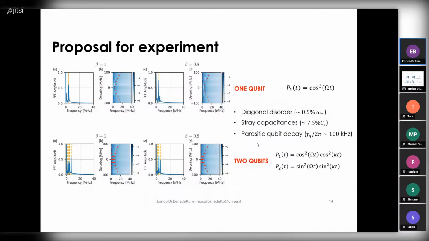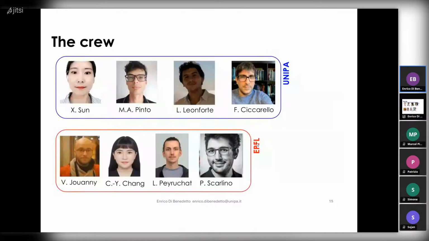Whereas with few qubits, you expect basically 4 peaks in the Fourier transform, and it seems that indeed you can observe that. So it seems that it's possible to observe this kind of phenomenology using superconducting circuits. So that's all.